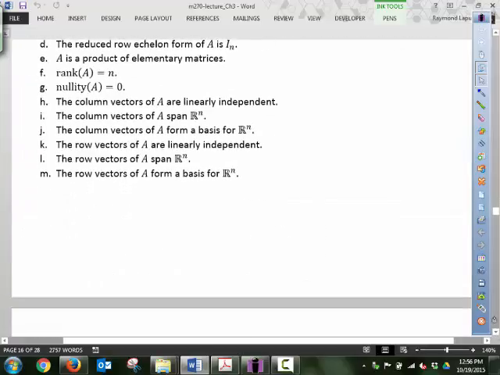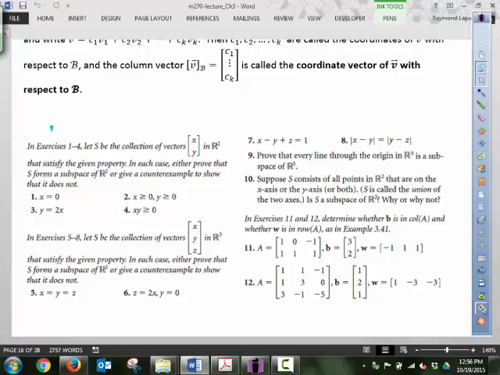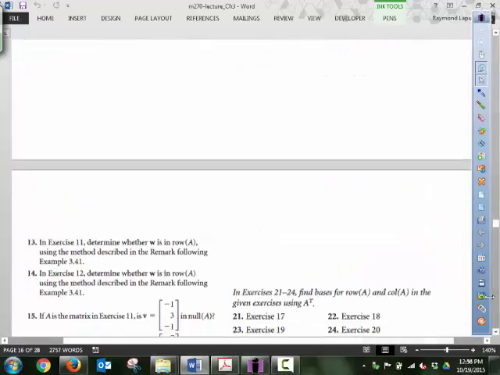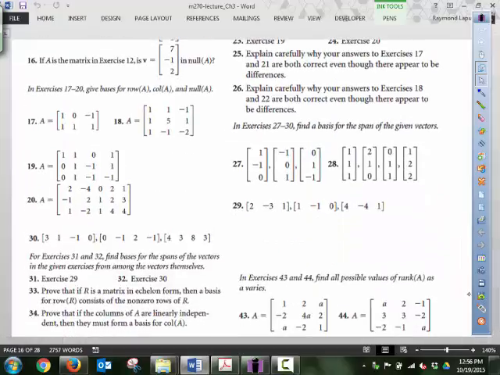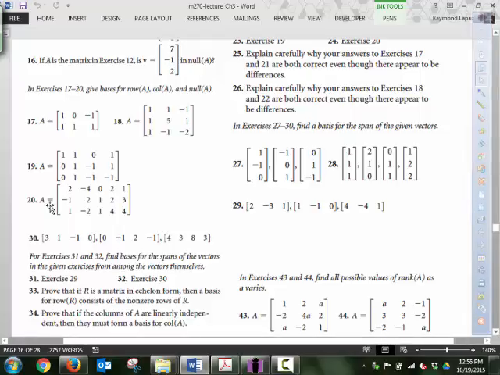Where are the problems? I don't know, number 17 or 18 or 19. Let's do number 18 first.